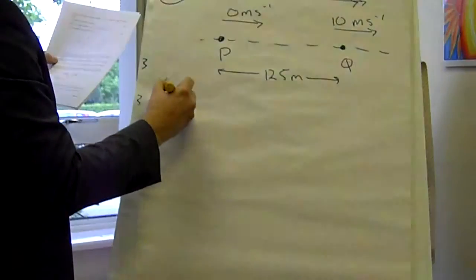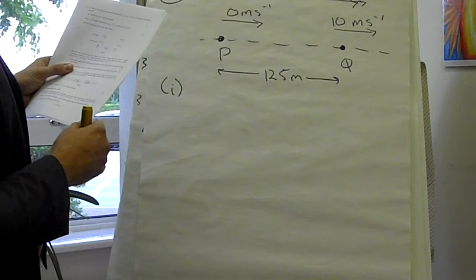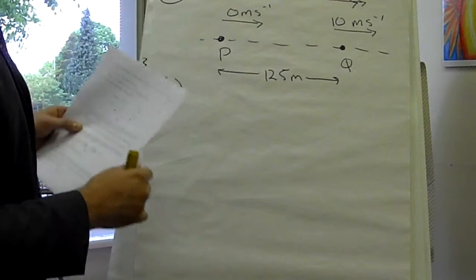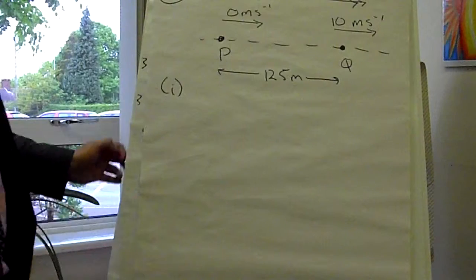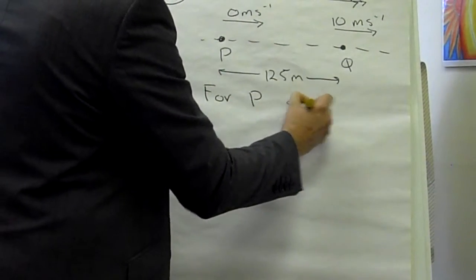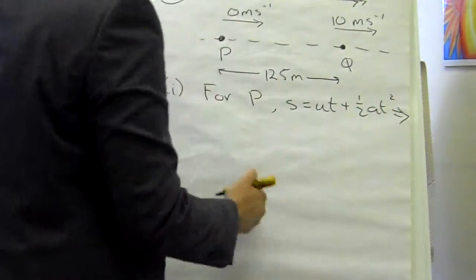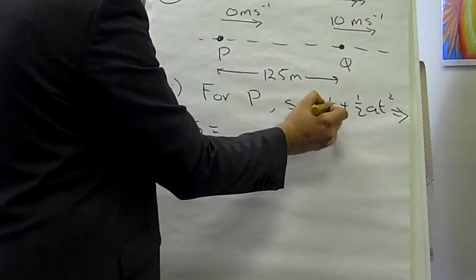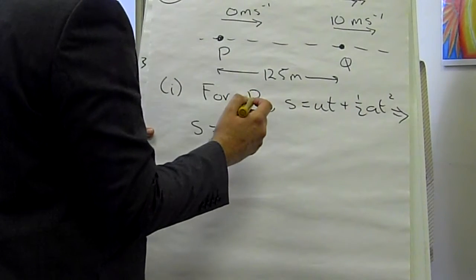So part 1, write down the expressions for the distances travelled by P and Q at time t seconds after the start of the motion. Alright, so for particle P, using s equals ut plus a half at squared, gives us s is equal to ut, which is 0 times t, which is 0, and then a half at squared.